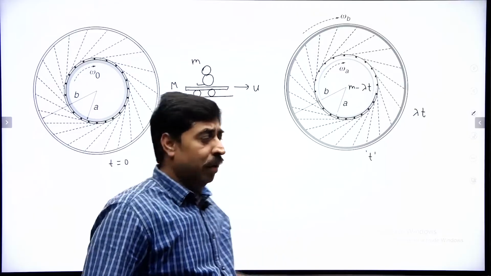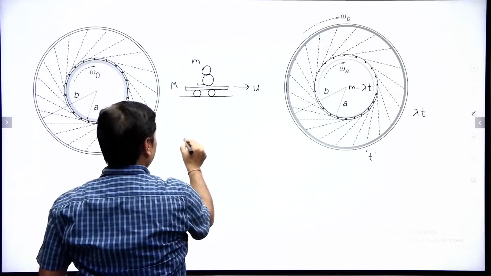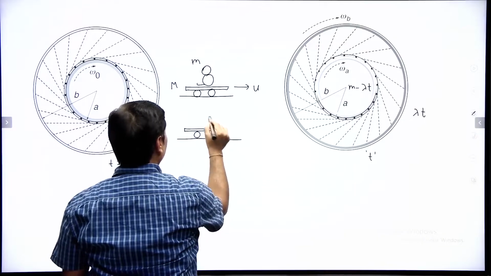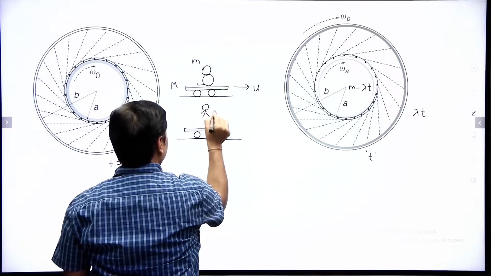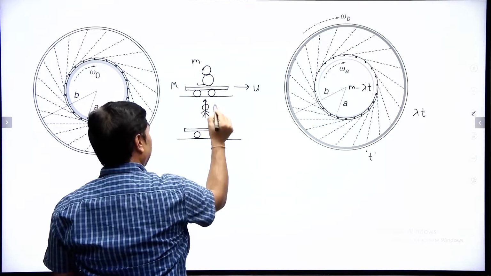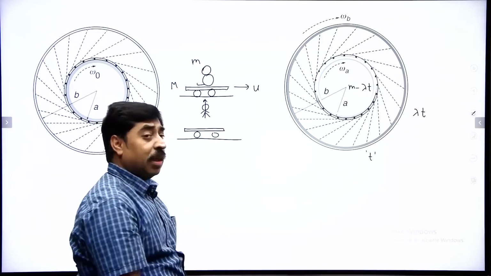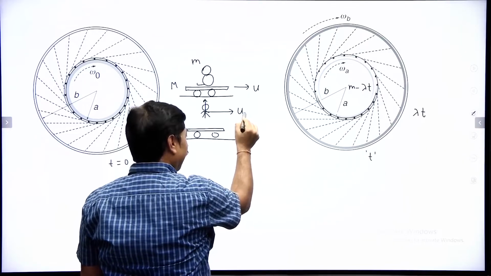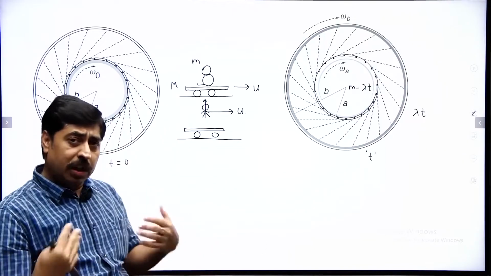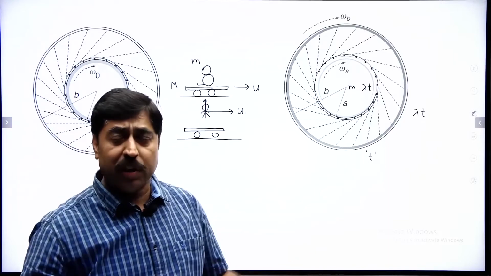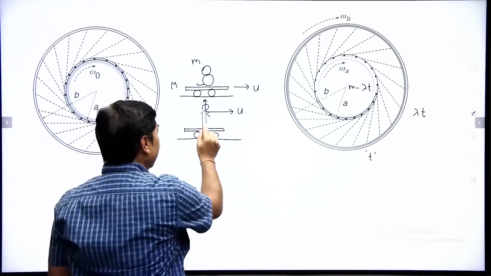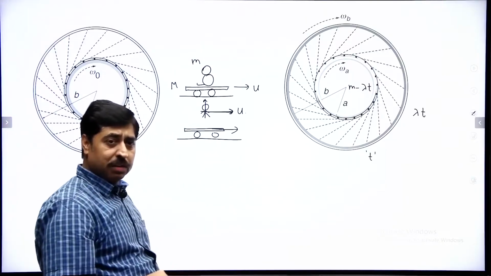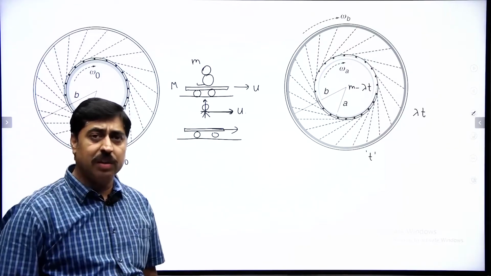The answer is no. The monkey has gone up, but it still has its horizontal motion, which has not changed. So if the momentum of the monkey has not changed, why will the momentum of the cart change? The velocity will remain unchanged.